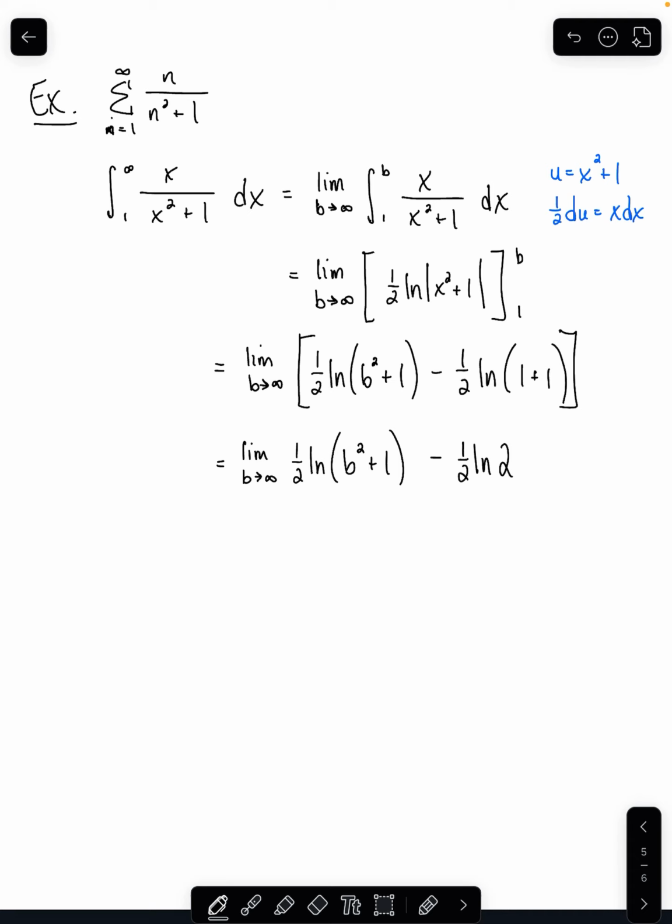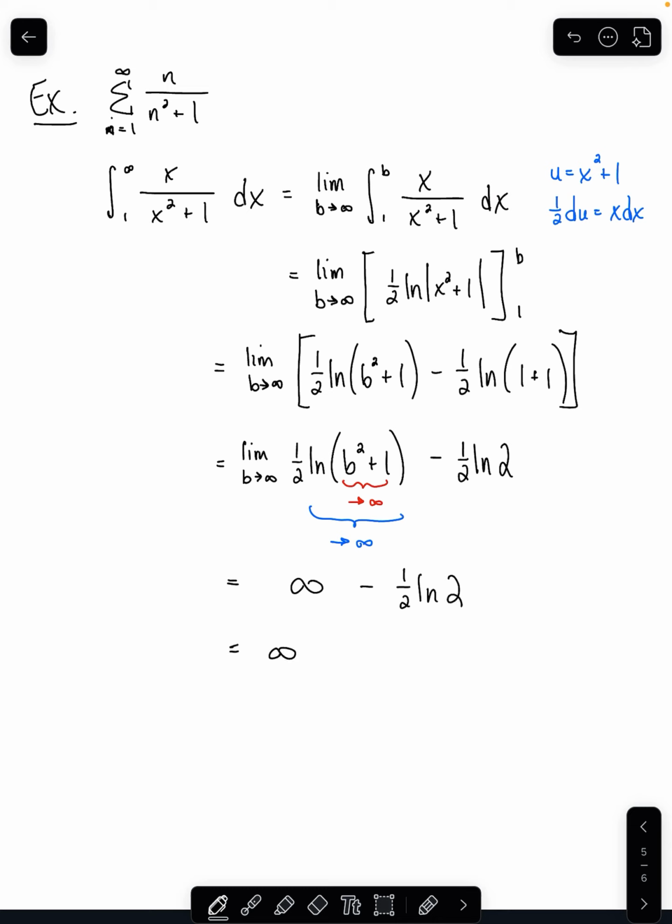As b approaches infinity, the term inside will approach infinity. And as that term approaches infinity, the natural log of it will also approach infinity. So what we end up with is something that approaches infinity minus a constant, at which point the constant doesn't really do much.